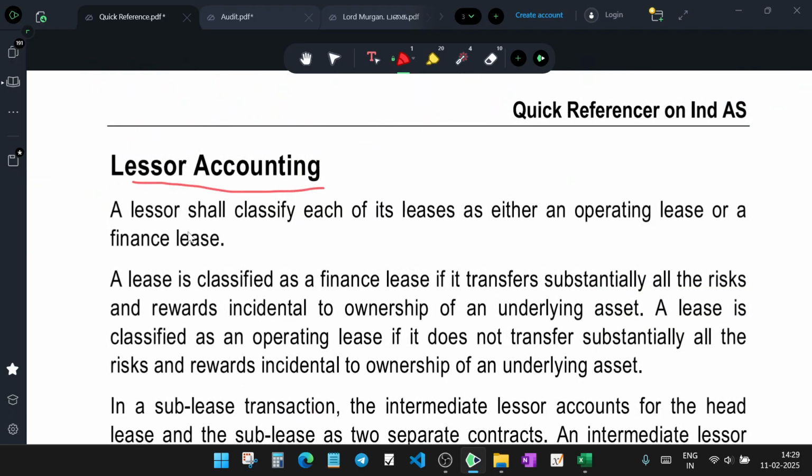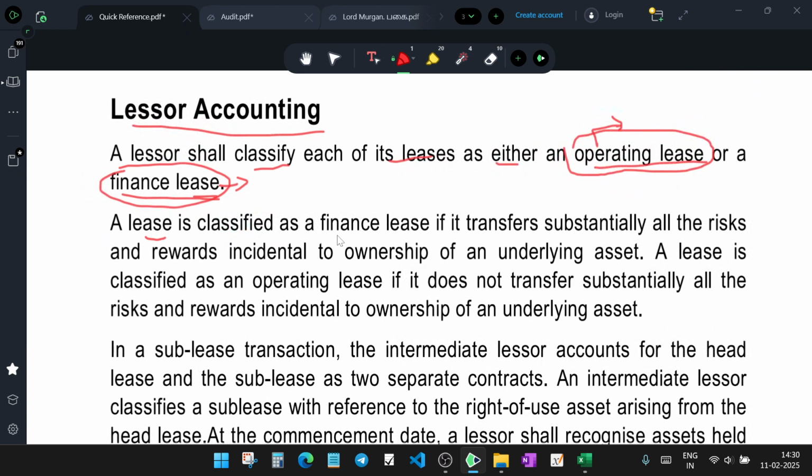Lessor accounting, the person giving the lease. A lessor shall classify each of its leases as either an operating lease or a finance lease. In an operating lease, they have not transferred the right of use of asset, but in a finance lease, they have transferred it. A lease is classified as a finance lease if it transfers substantially all the risks and rewards incidental to ownership of the underlying asset.